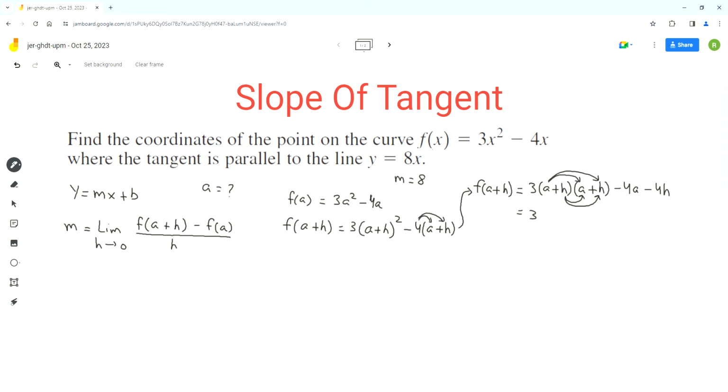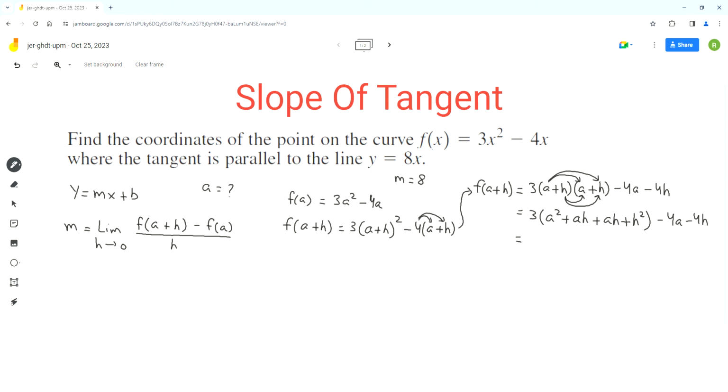So we get 3 times (a squared plus ah plus ah plus h squared) minus 4a minus 4h. Now we can distribute the 3 into the parentheses, and in the parentheses we have like terms ah and ah, which is 2ah.